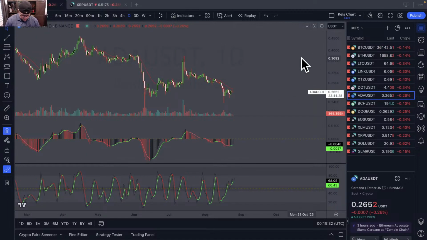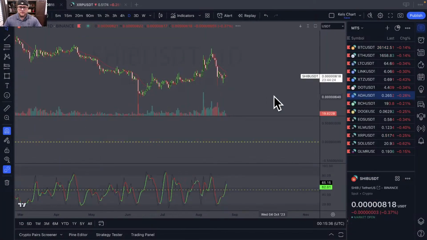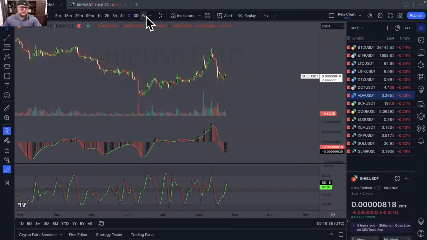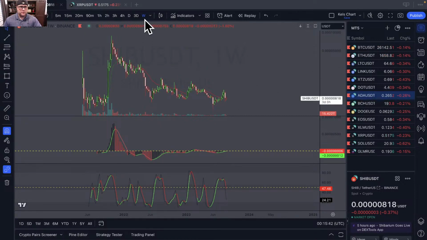Let's go look at Shiba coin. This is one that people tend to love, that pumps and dumps on you. Look at the week chart. Not only do we have a fully engulfing candle, we have a complete destruction of this particular coin. We had this nice little pump up over here, 205, 206%, tons of money being made.